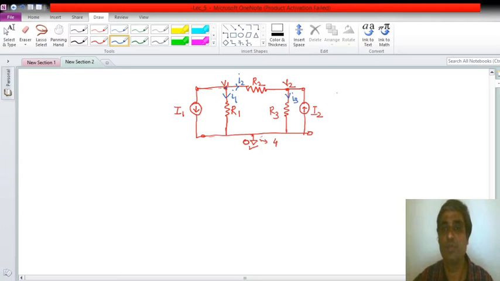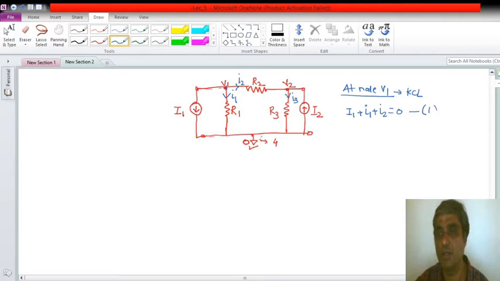Suppose at node V1, what will be my KCL equation? I1 as it is leaving, plus I2, equal to 0. This will be for node 1.